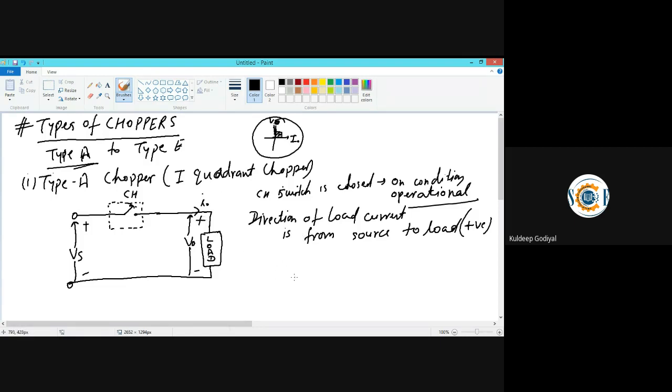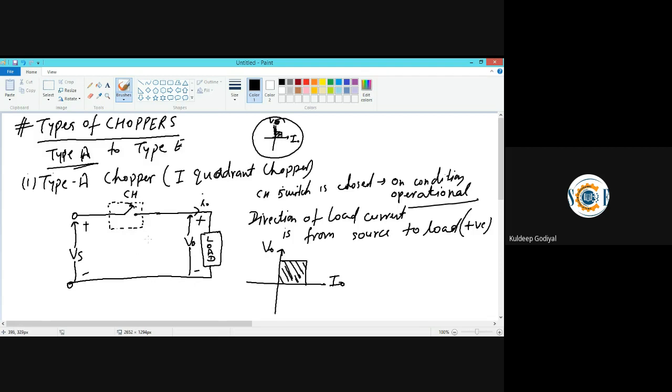So if we make a diagram or a VI characteristic for the operation of this chopper, it will show I naught is also positive, V naught is also positive. So this chopper will lie in the first quadrant. And second thing, you have studied the types of chopper on the basis of operation previously. We were studying step down chopper and step up chopper. So necessarily it is a step down chopper.